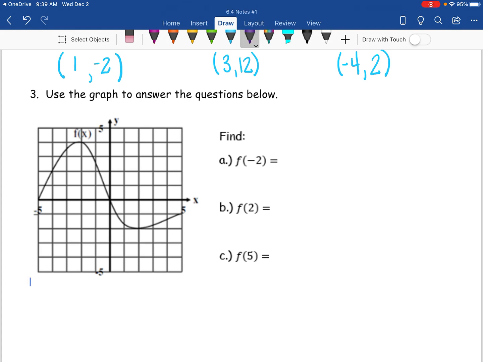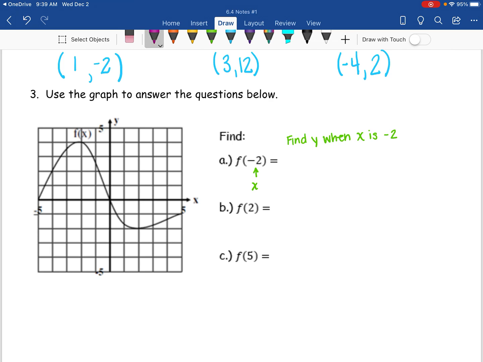We were using -2 as our input, our x value. So what this is asking you to do is to find y when x is -2.